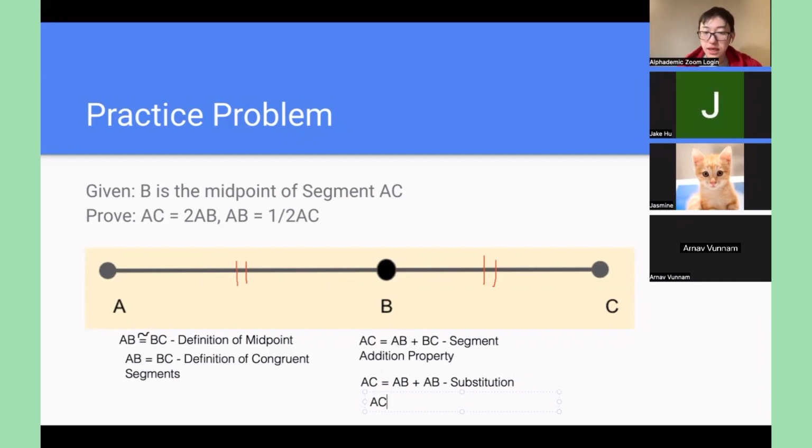Then we can say AC equals 2AB by simplifying. And lastly, 1/2 of AC is equal to AB, by the division property and simplifying.